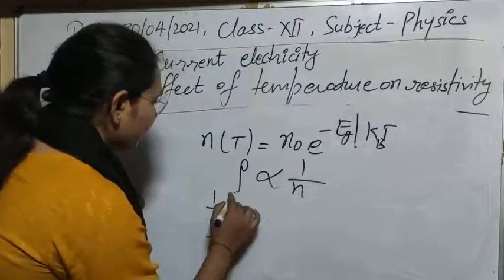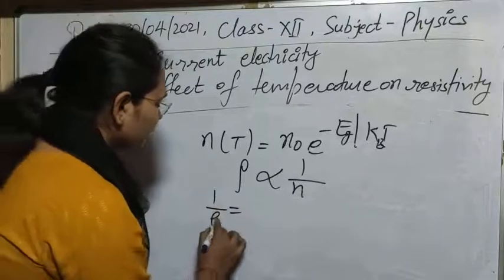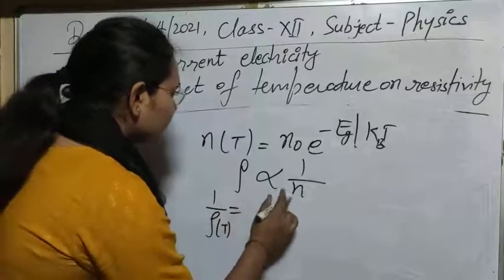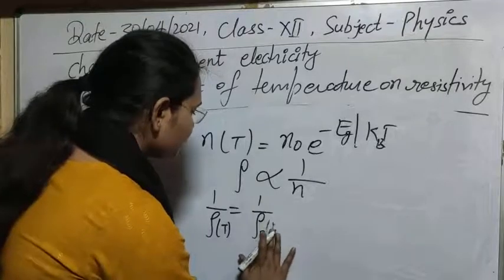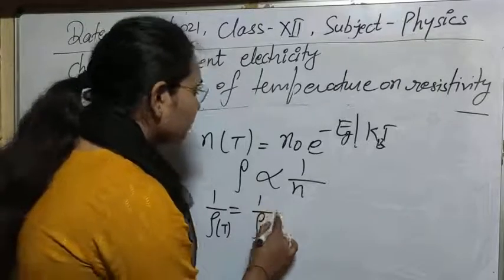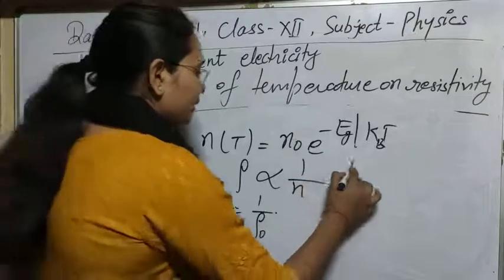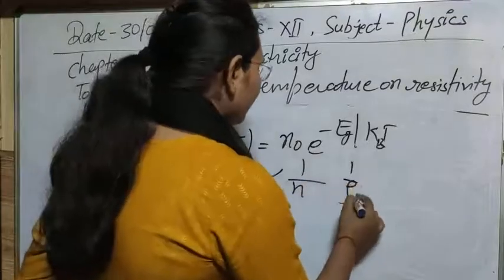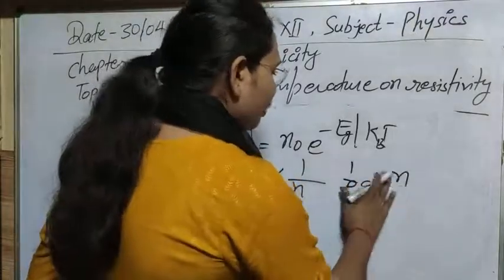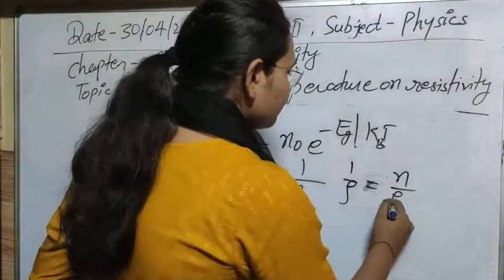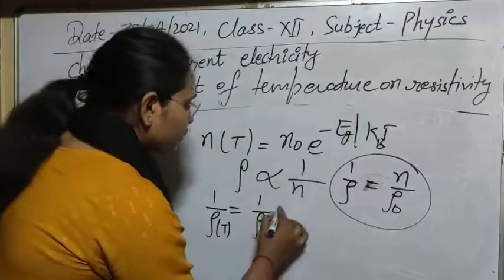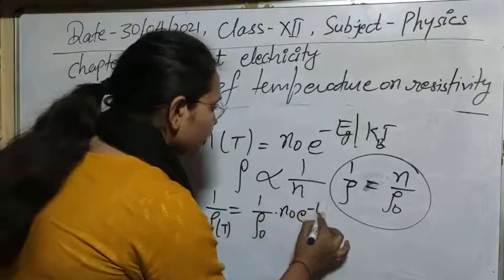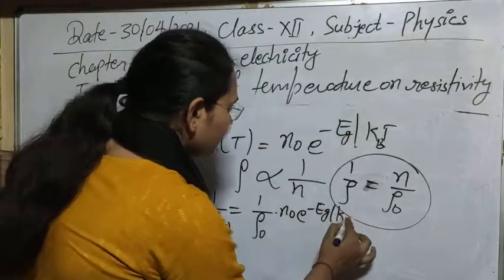So suppose we write 1 by rho of T equal to 1 upon rho 0 into n; that is, 1 by rho is proportional to n. Using that concept, it will be n0 e power minus Eg divided by kBT.